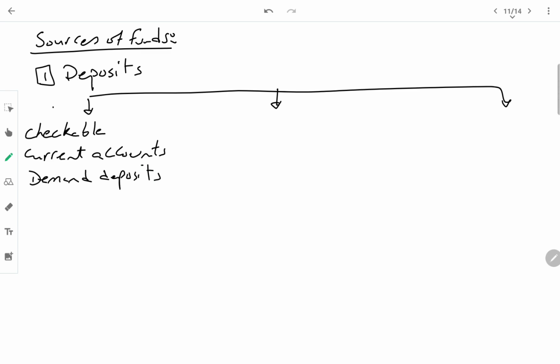There are no restrictions on withdrawal from this account. You can write checks. There is no maturity. There is no interest rate or a very low interest rate.